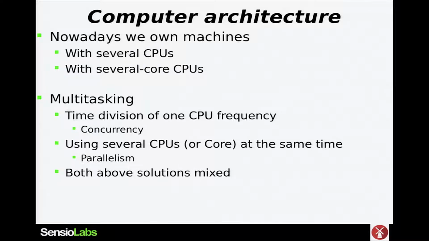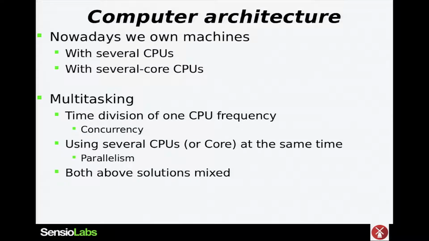So if you have concurrency, you get one CPU core and you divide the time and you give tasks to the same CPU core, the following task. It's so fast that you have the impression that the computer does several tasks at the same time, but it's not the case.